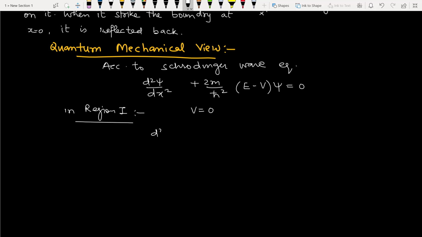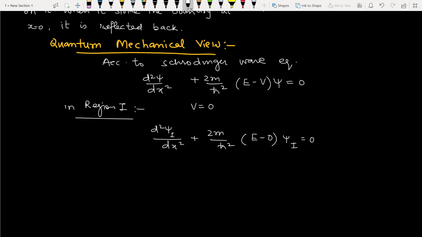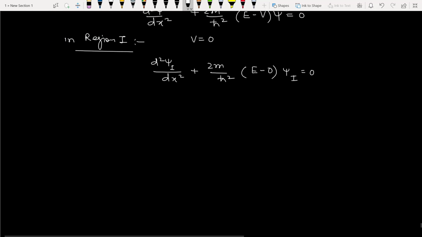So if we substitute the value, the psi is psi 1 in region 1 and value of V is 0. So it is E minus 0 times psi 1.